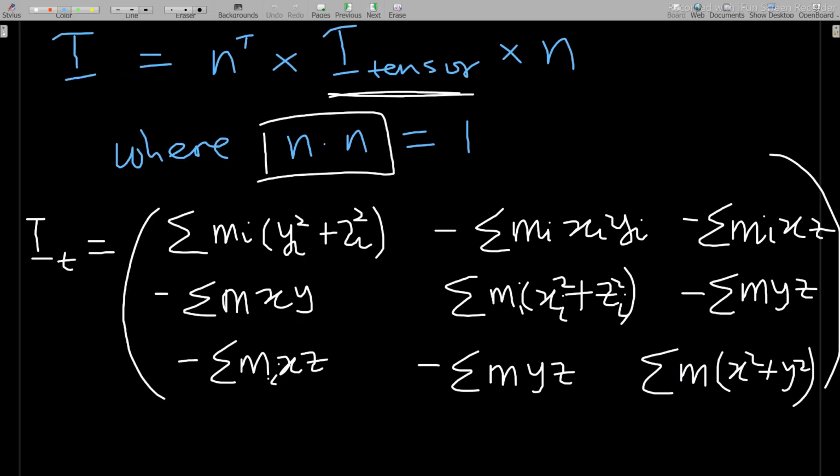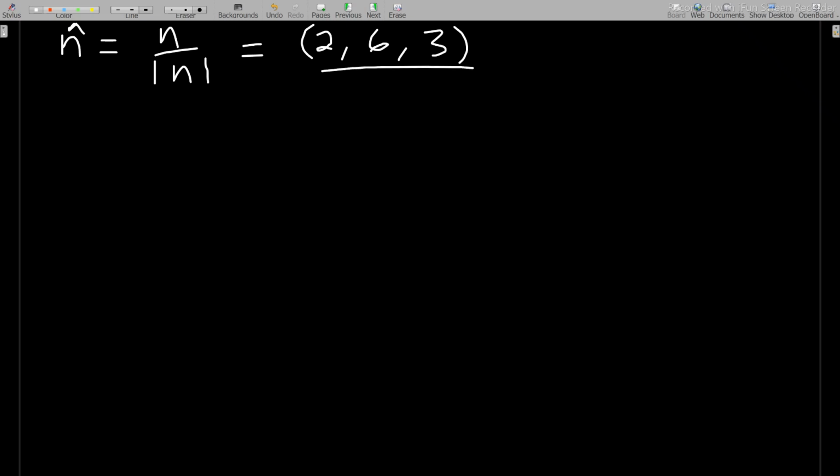All right, so let's go ahead and write everything down here. We have to use n cap rather than n, because when you dot n you don't get 1. So it's equal to n over the magnitude of n, which is 2 6 3 divided by the magnitude, which is just the square root of the sum of the squares inside, meaning the square root of 4 plus 36 plus 9.